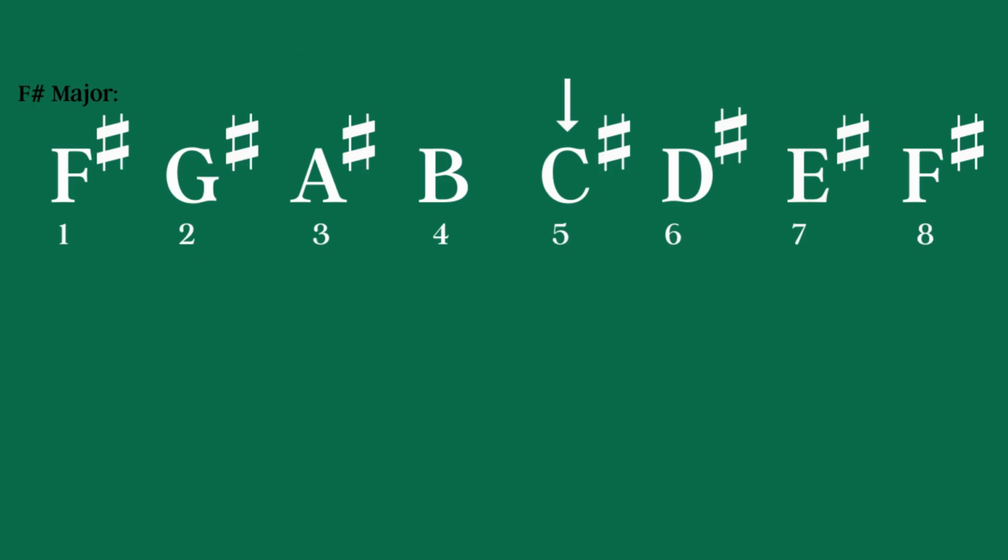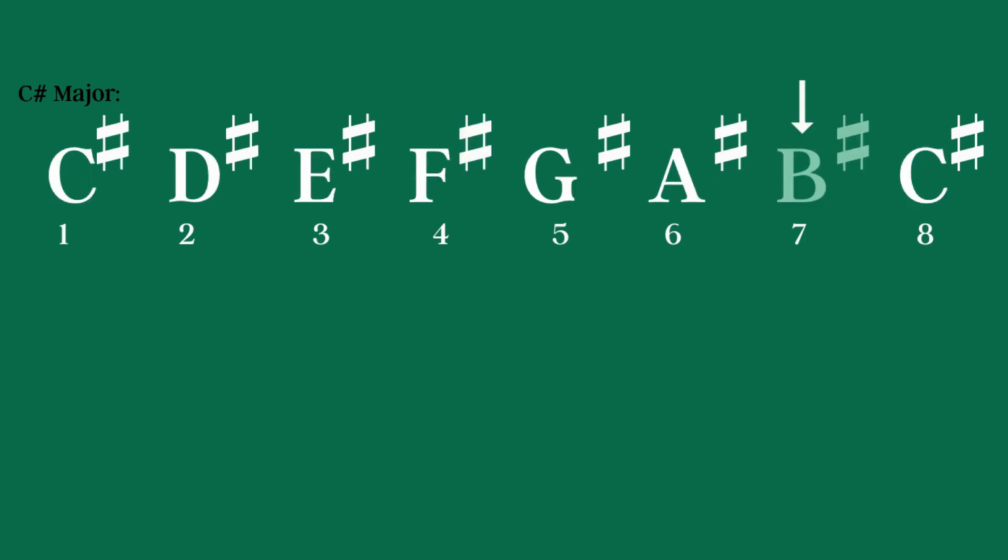And finally, the key with 7 sharps will be a 5th above F sharp, so C sharp. C sharp has F sharp, C sharp, G sharp, D sharp, A sharp, E sharp, and B sharp. In other words, everything is sharp, so this one's pretty easy to remember.